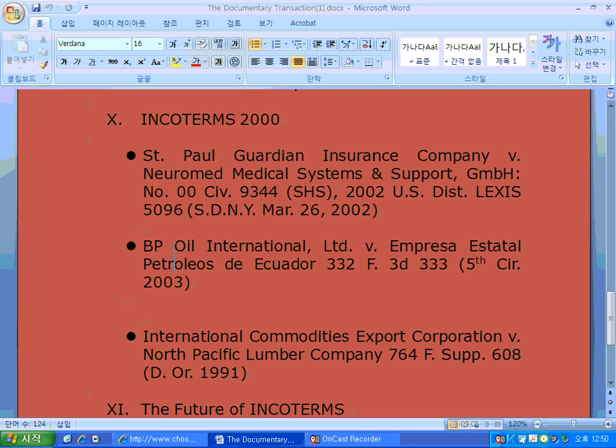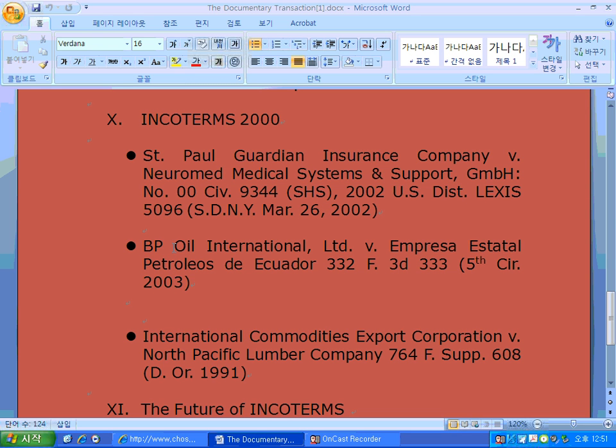And of course, the controversy may develop between both parties based on the insurance contract. It is undisputed that the MRI machine was delivered to the carrier in good working order. Neuroman's motion to dismiss for failure to state a claim is hereby granted.